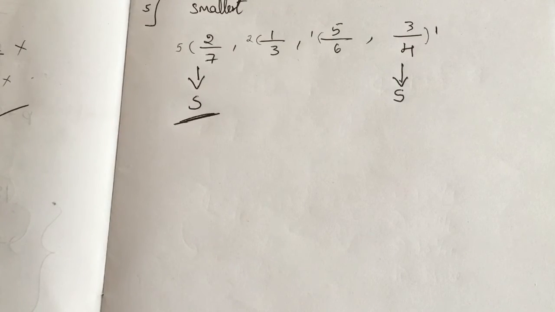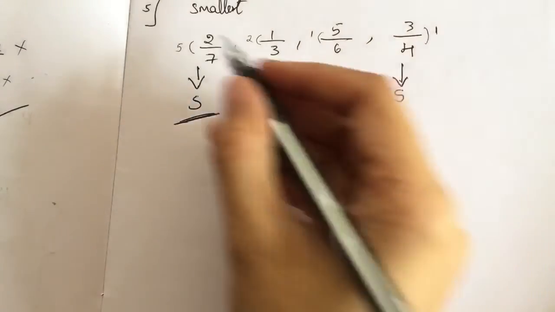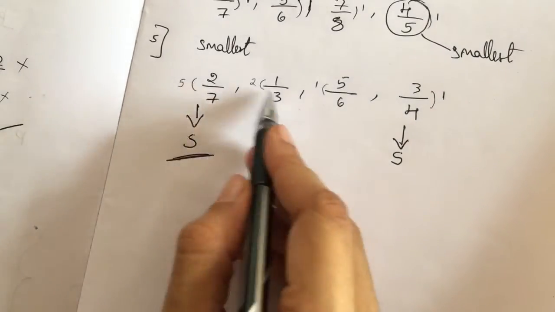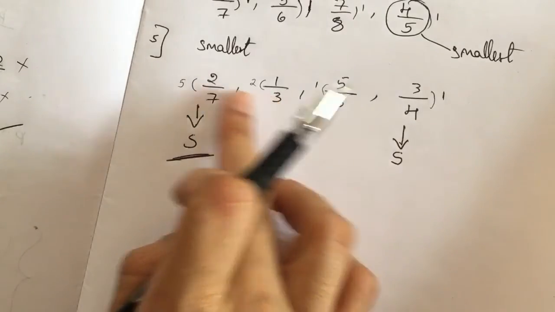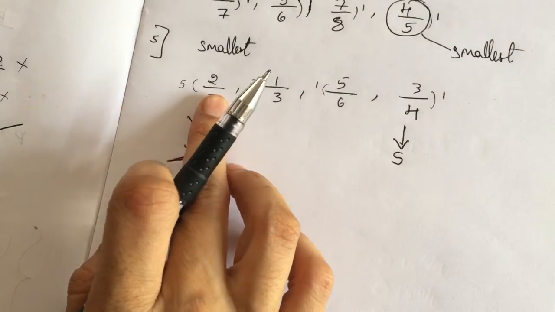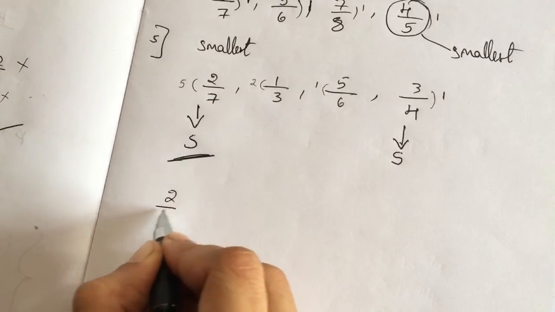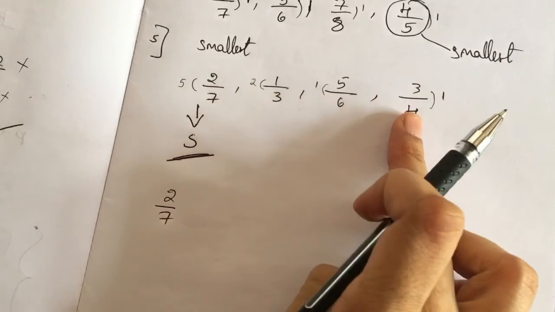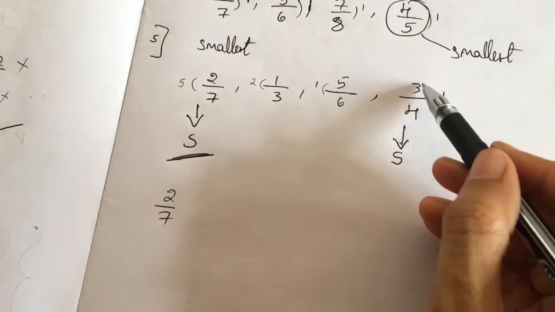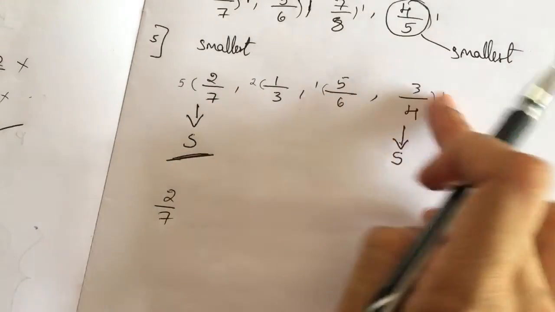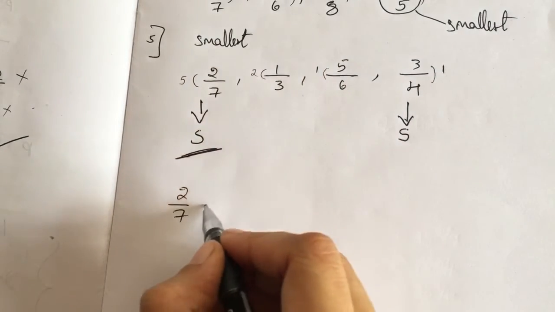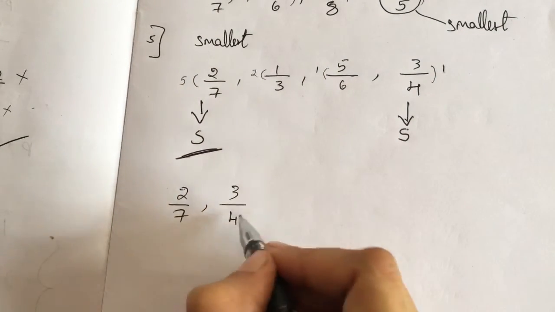The other way of doing this is, you have 2 by 7 and 1 by 3. You take up these two. When you look at this, you can directly make out this is the smallest one, right? So you take this 2 by 7, because it has the smaller numbers and their differences are the same in this case. So now I need to compare these two.